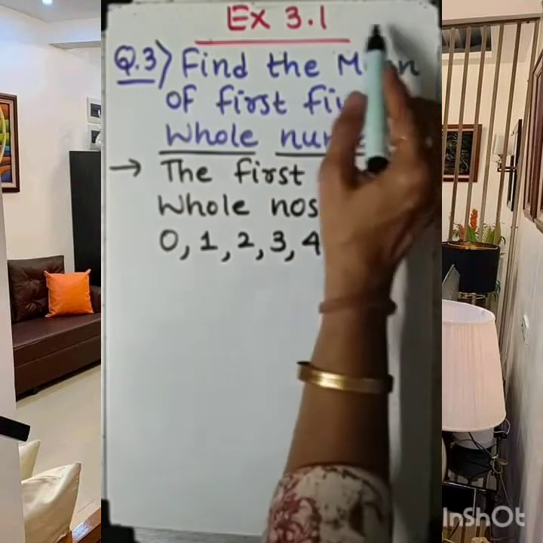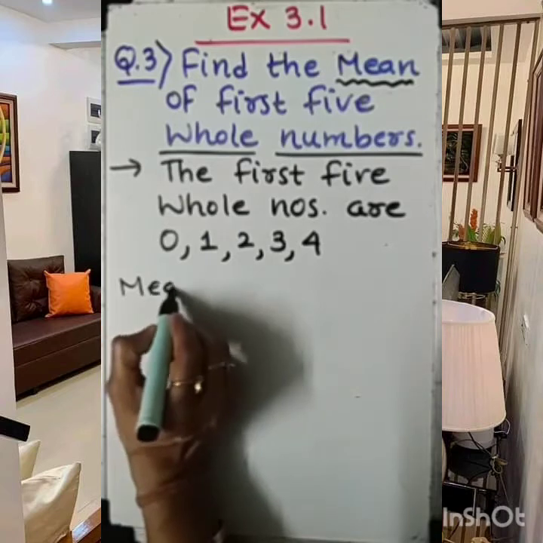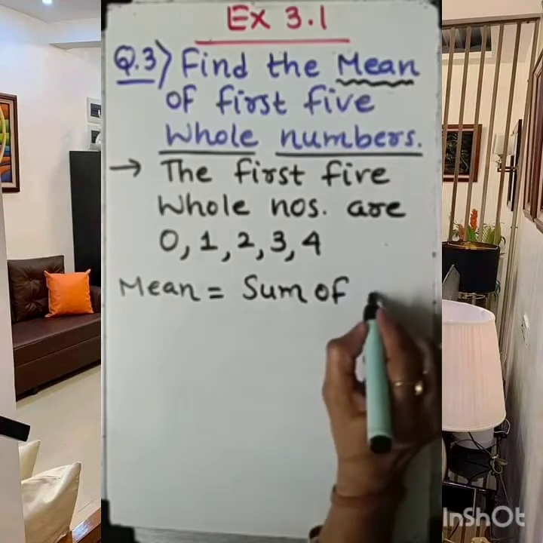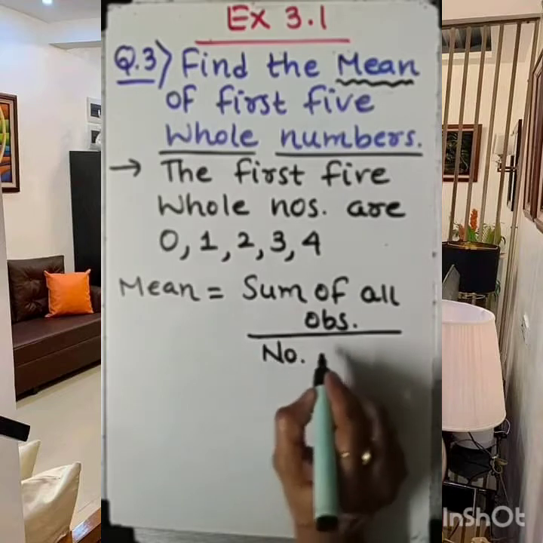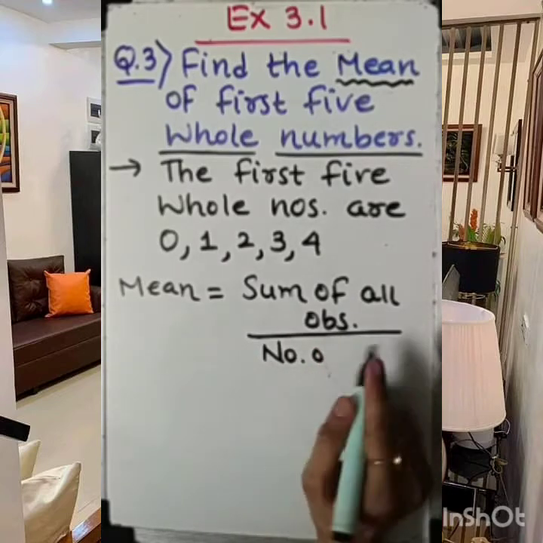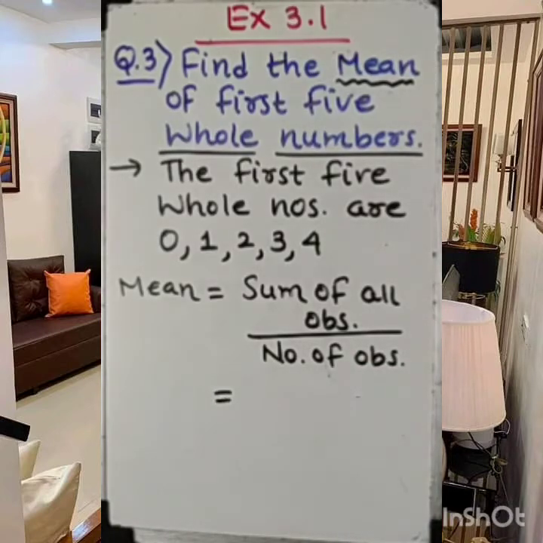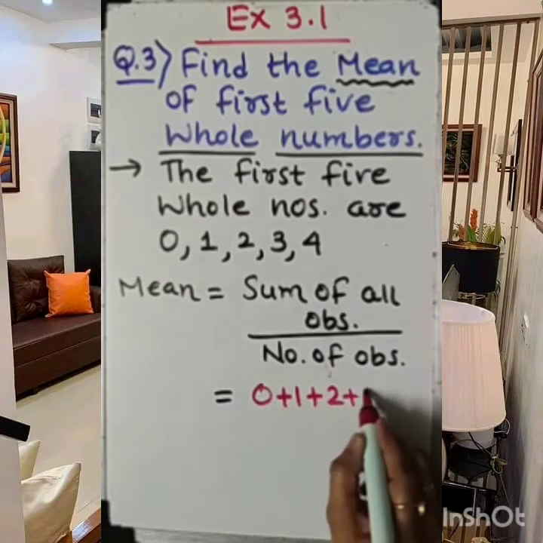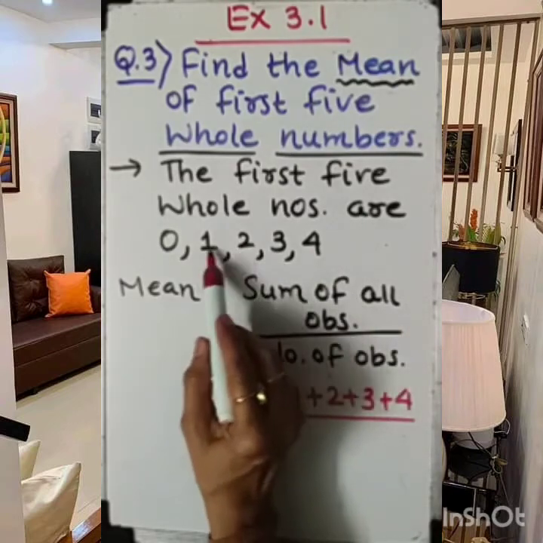Now what we have to find? We need to find the mean of the given number. So we need to mention mean equal to sum of all the observations upon number of observations. Okay. Now let's add all these numbers. Now which number we are going to add? 0 plus 1 plus 2 plus 3 plus 4, and total they are number of these 1, 2, 3, 4, 5 numbers.